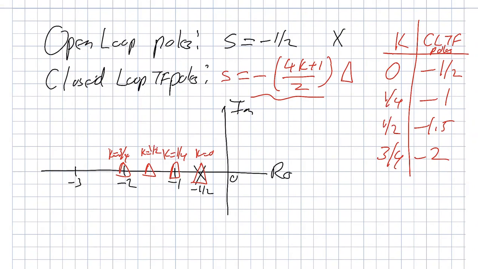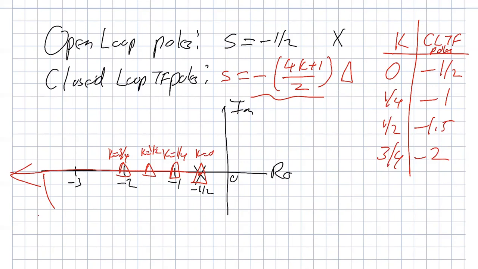So it's pretty clear what's happening to our root locus, right? We're starting at our open loop pole, and we're going out here towards infinity. So this arrow is basically the root locus for this simple system. It's just this straight line. It starts at minus 1/2 and goes out to infinity.